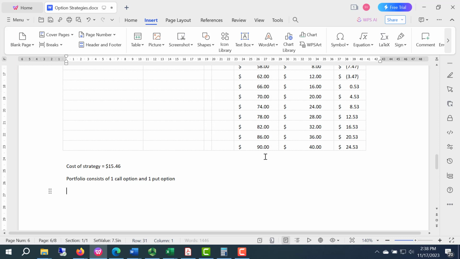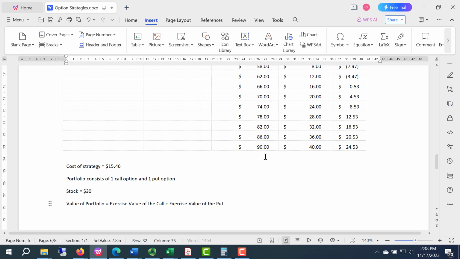So let's say that the stock price falls to $30. The value of my portfolio is going to be equal to the exercise value of the call plus the exercise value of the put.